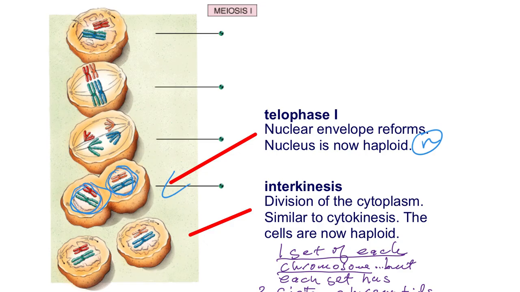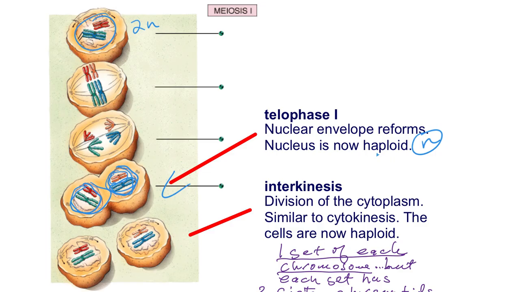So you only see singletons. This is not a homologous pair with this one. Whereas over here, in the tetrads, you had a 2N cell, a 2N nucleus, whatever.